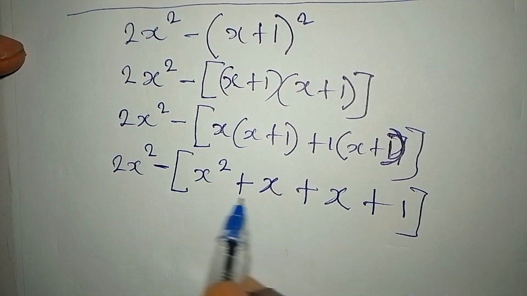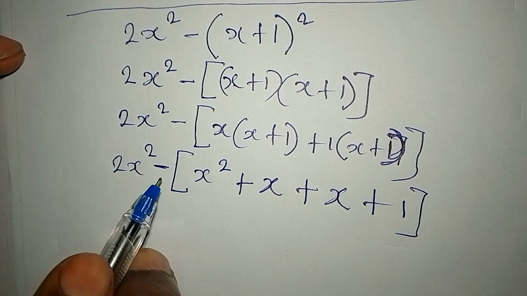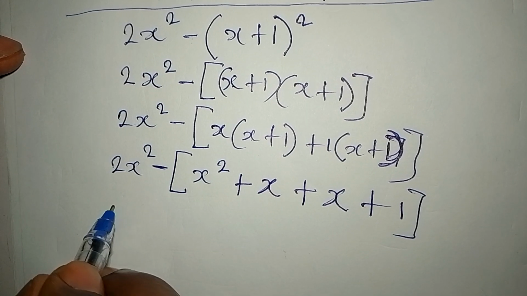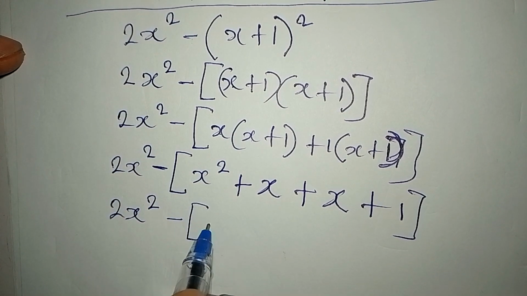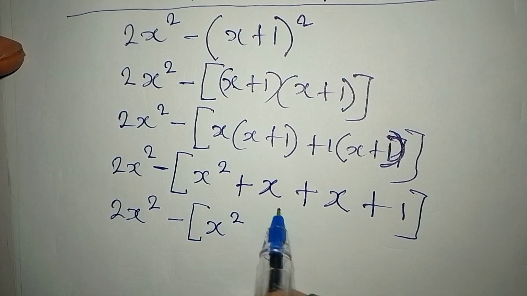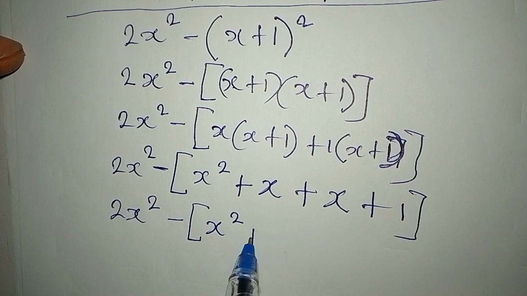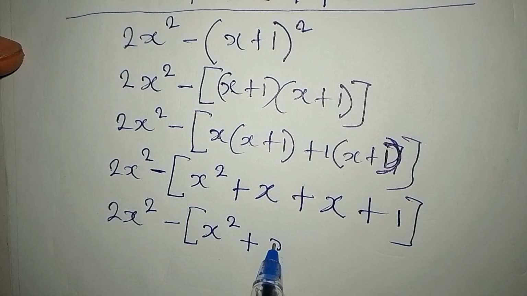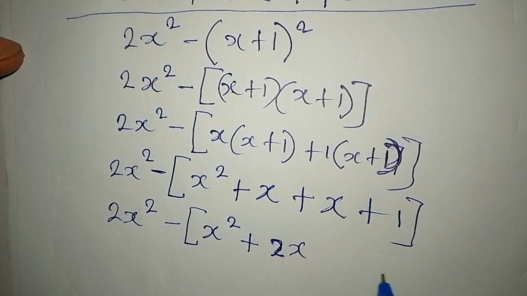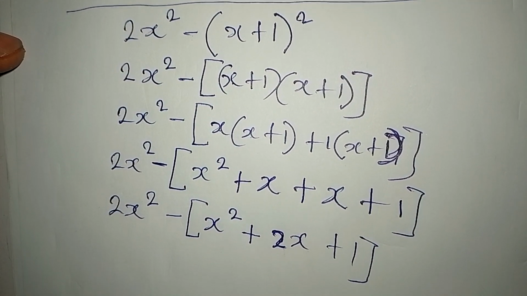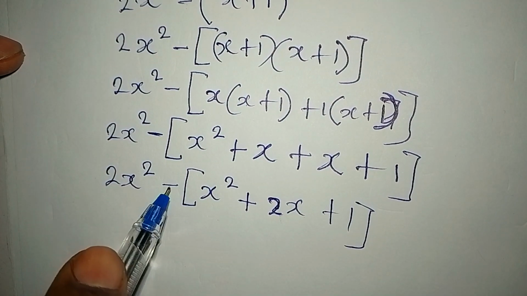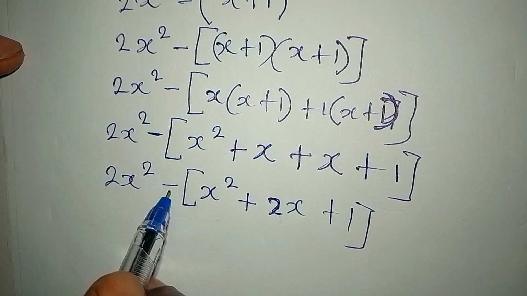Now let's deal with what we have in the bracket before coming to pick this negative. 2x squared negative, open bracket, we have x squared, then x plus x will give us positive 2x, then we have plus 1. Now this is the time that we have to open the bracket with this negative.